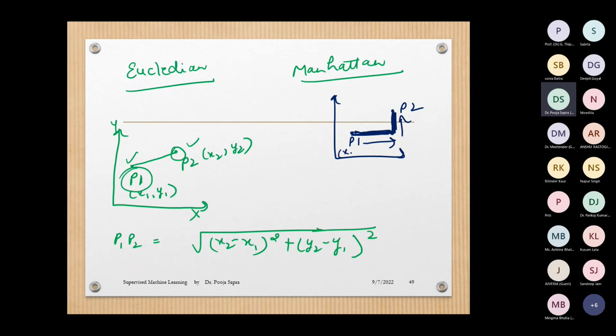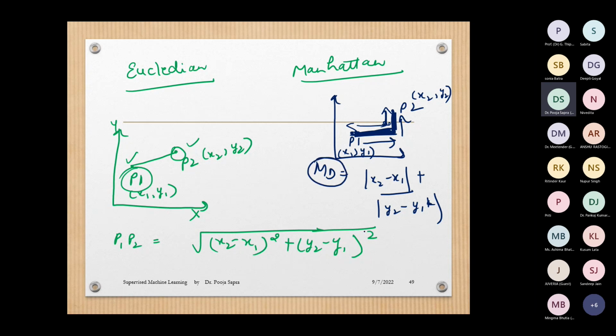So if this is the coordinate of P1 and this is the coordinate of P2, then the Manhattan distance is equal to the absolute value of x2 minus x1, I'm talking about distance, right? Plus the absolute value of y2 minus y1. I can write it: absolute of x2 minus x1 from here to here, horizontal. Absolute of y2 minus y1, it is the vertical distance. So this is called Manhattan distance.